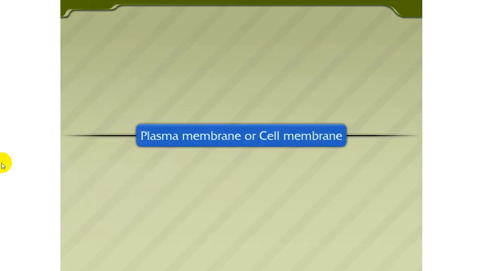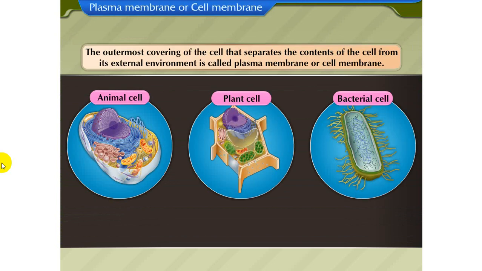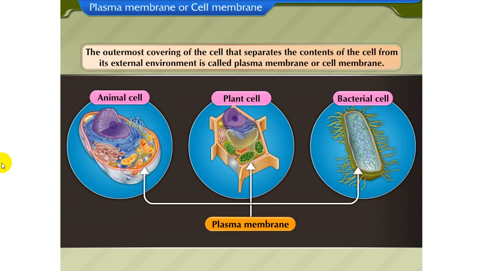Plasma membrane or cell membrane. The outermost covering of the cell that separates the contents of the cell from its external environment is called the plasma membrane or cell membrane.